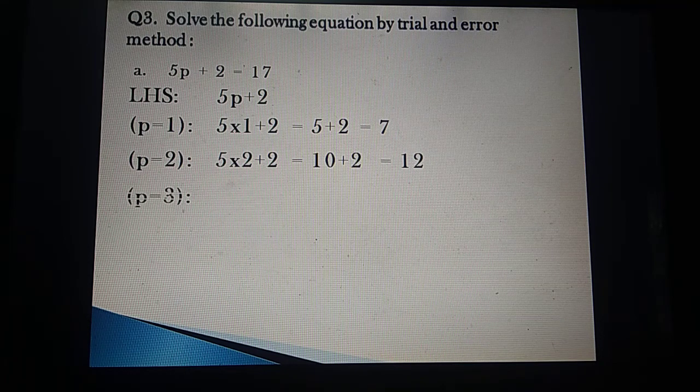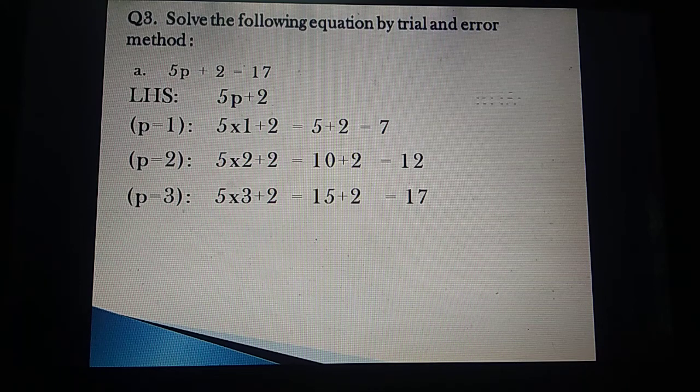Now I will take 3. When you replace p by 3, you will get 5 into 3 plus 2, that is 15 plus 2, that is 17. Yes, it is equal to RHS, which is 17.